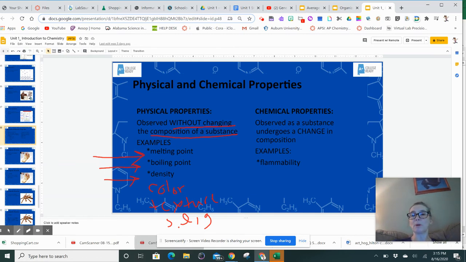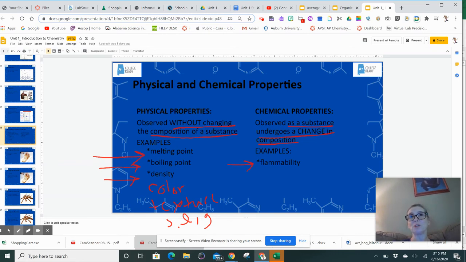A chemical property, on the other hand, is observed when the substance undergoes a change in its composition. So it becomes something new and takes on new properties. I gave the example of water. Hydrogen and oxygen are both flammable. That's a chemical property of those.